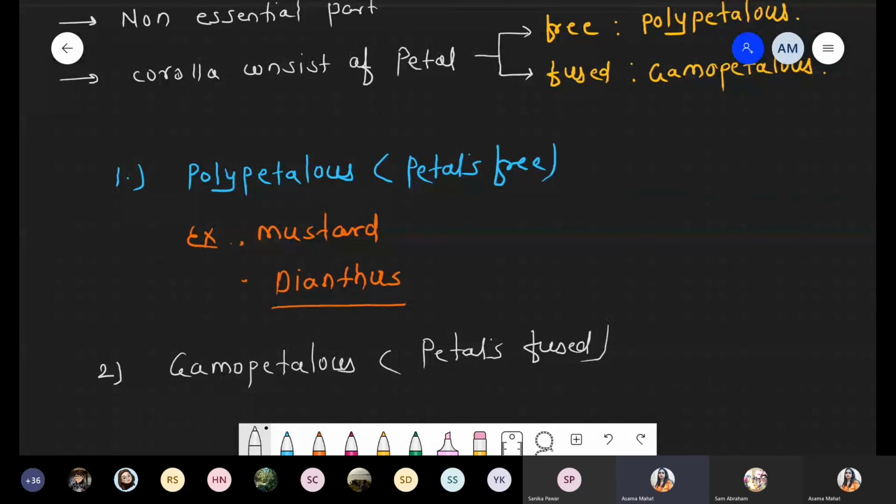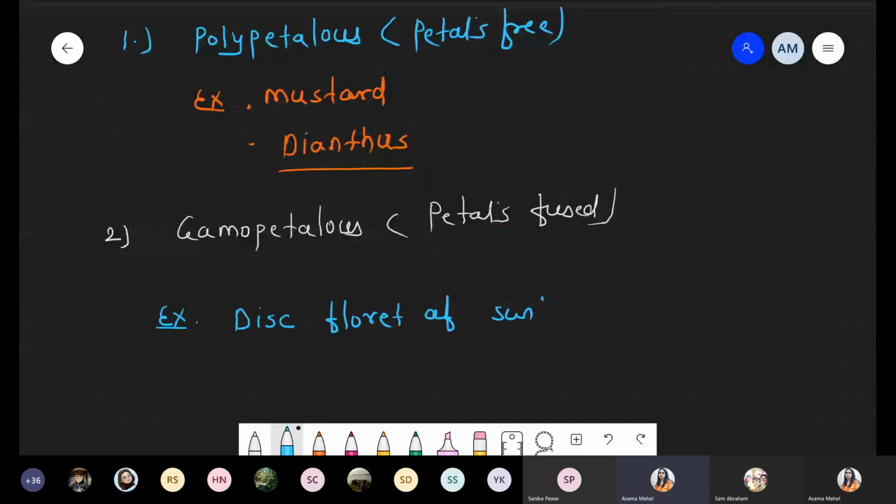So here we are just seeing examples. We just discussed the ray floret of sunflower, because there are basically two types of florets in sunflower. Here we are talking about the disk floret of sunflower, because this type depends upon the petal shape, ray floret and disk floret. So here we are seeing the disk floret of sunflower.